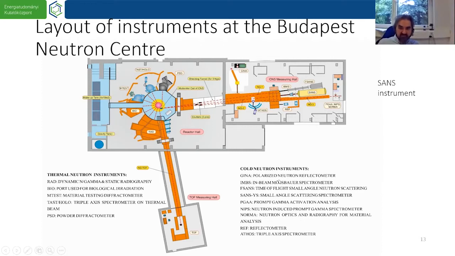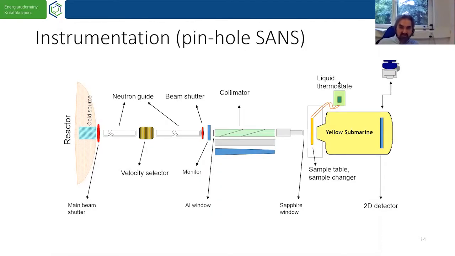So let's go to the next step, which is the instrumentation. The reactor is on the left, the instrument on the right, and in between there are the elements which are necessary for efficient transfer of the neutrons which are produced in the reactor, and they must reach the detector.